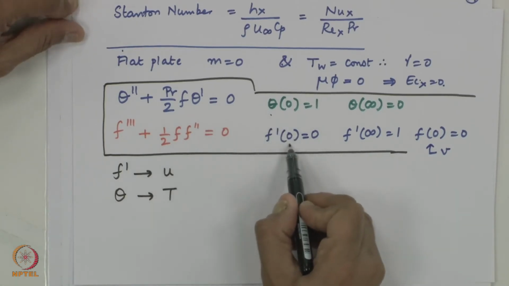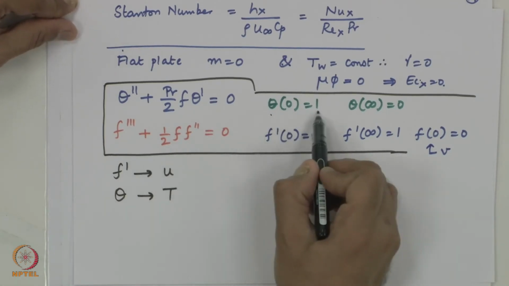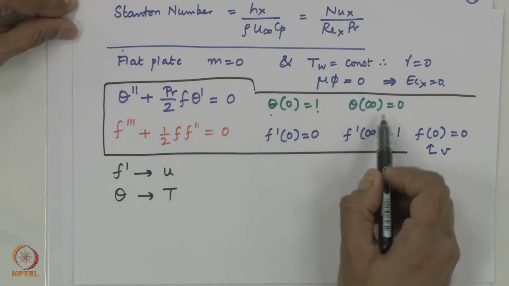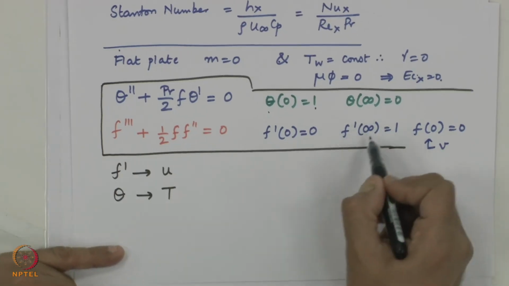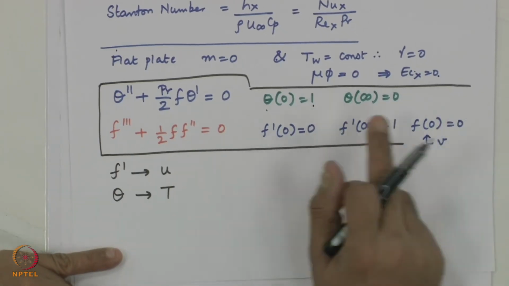Wall condition, no slip, no slip. Infinity condition, T equal to T infinity. Infinity condition, u is equal to u infinity. The way we have defined it makes this 0 and 1 opposite.